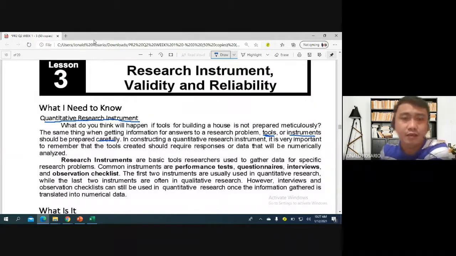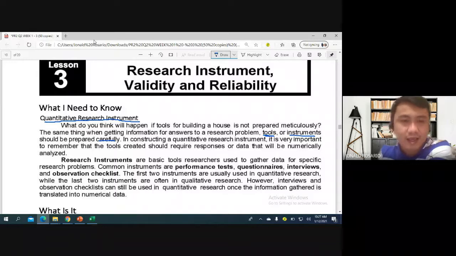In constructing a quantitative research instrument, it is very important to remember that the tools created should require responses or data that will be numerically analyzed.